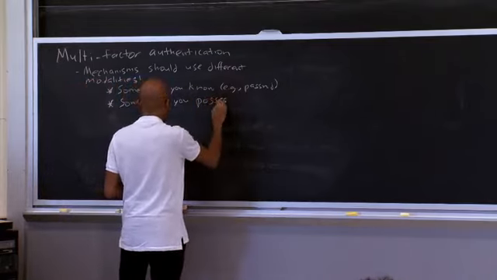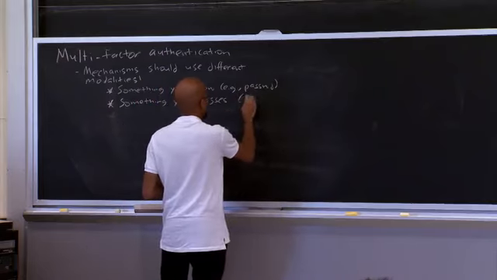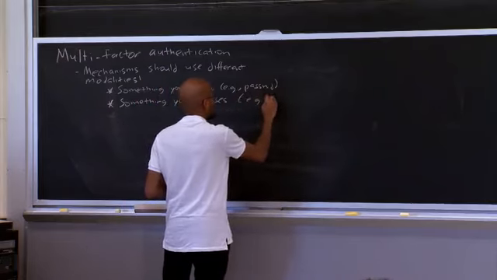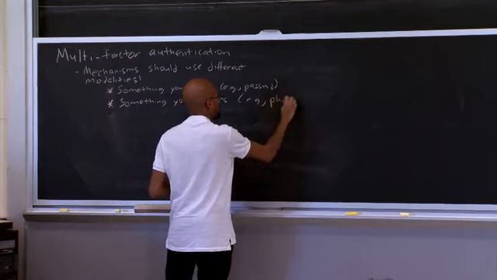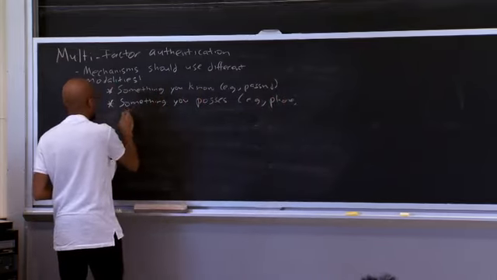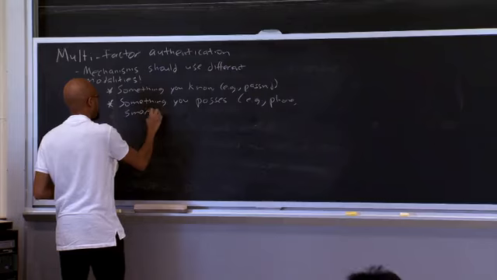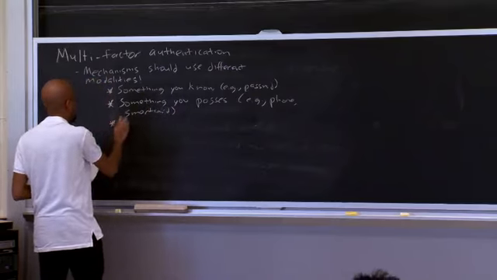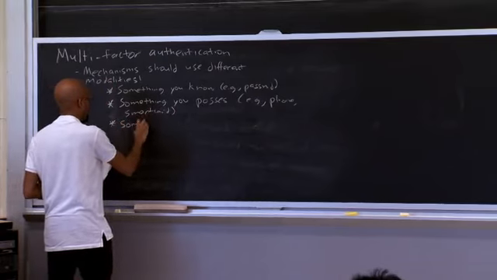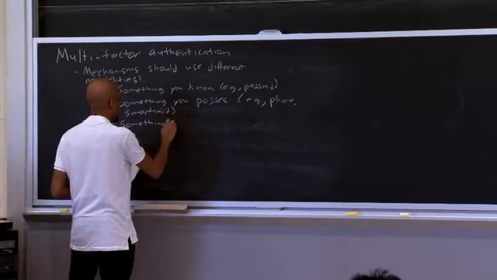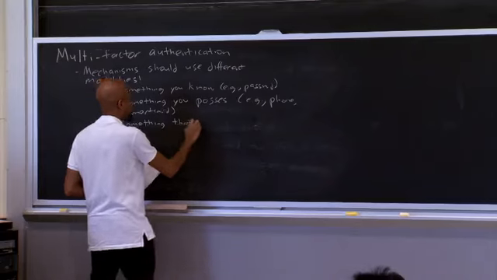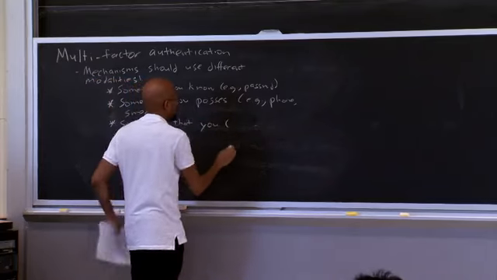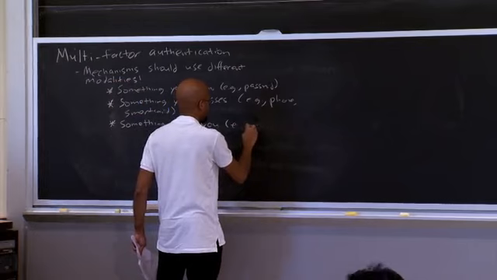And so an example of this might be a cell phone, maybe a smart card, something like this. And then maybe another modality will leverage something that you are. And so this is, for example, what's done by biometrics.